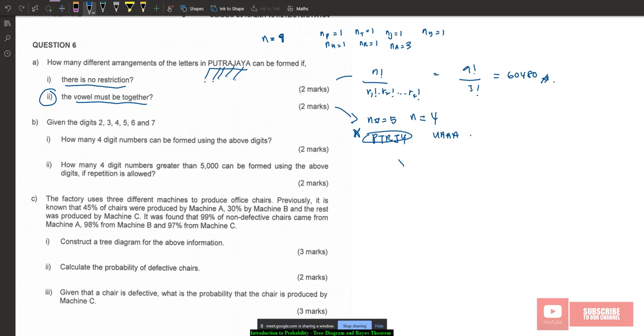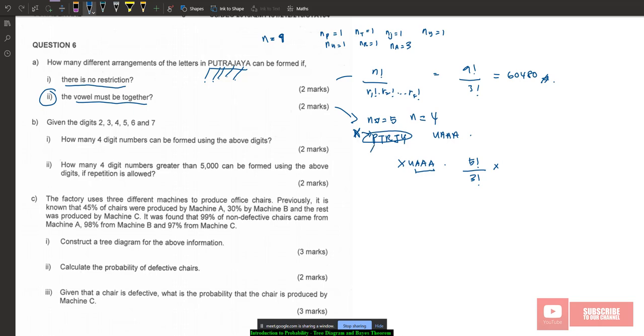So now we have X, and the five consonants, so our n became 5. So we have 5 factorial divided by 3 factorial because we have 3 A's, so this is a repeated object, and we need to multiply with the arrangements of the vowel itself.